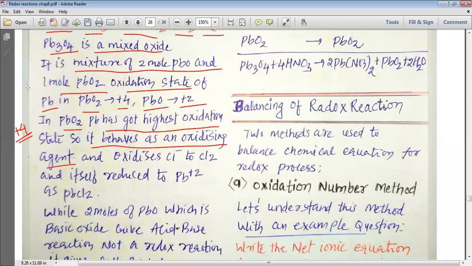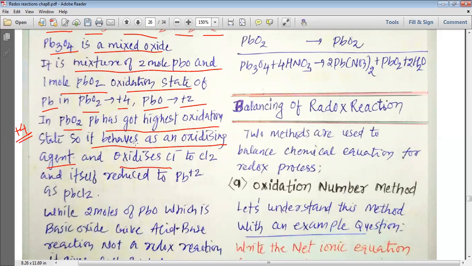It cannot be oxidized, so it can be reduced, and that is why PbO2 behaves as an oxidizing agent only. It cannot behave as a reducing agent because it is present in its highest oxidation state.